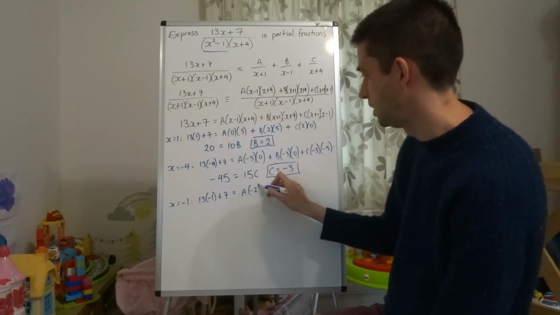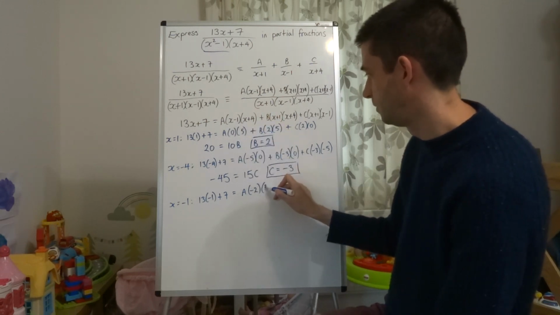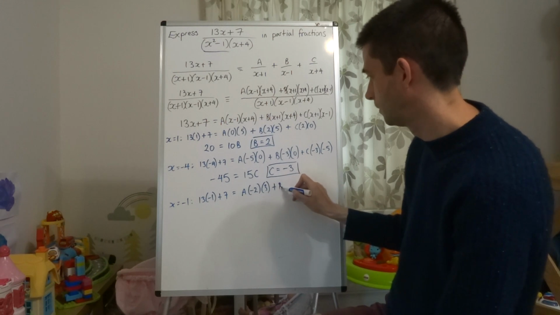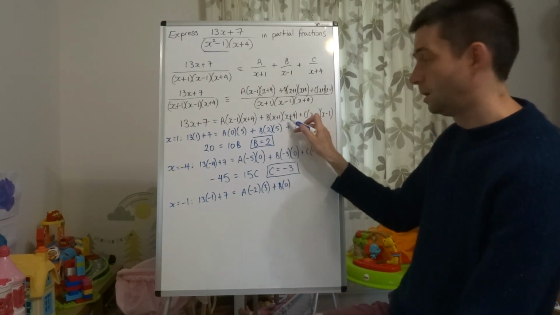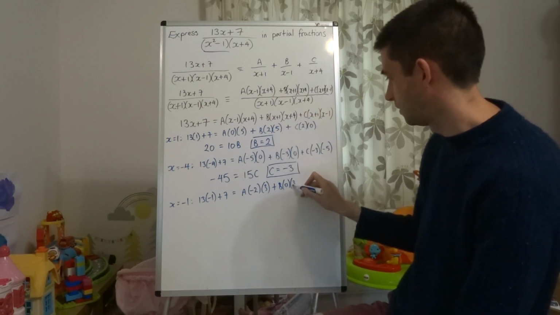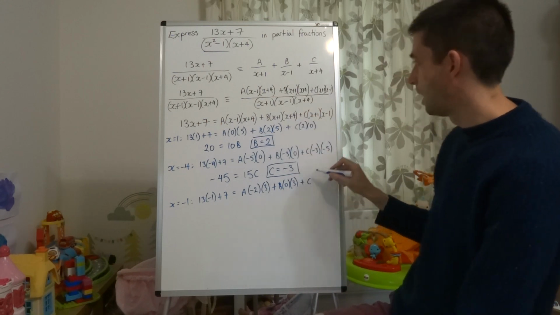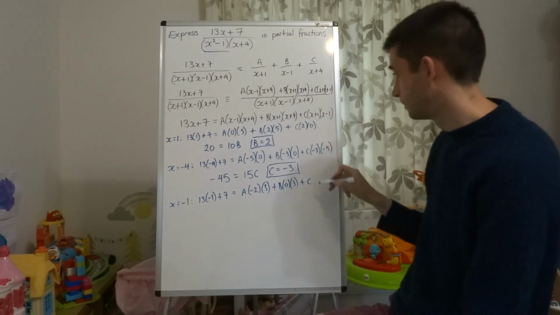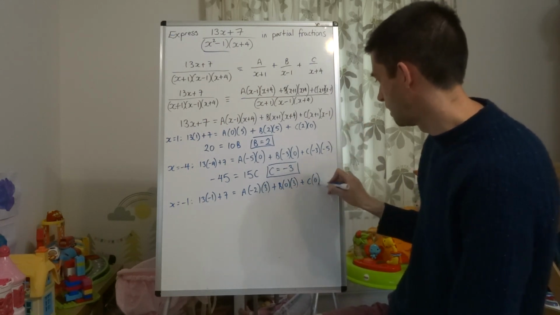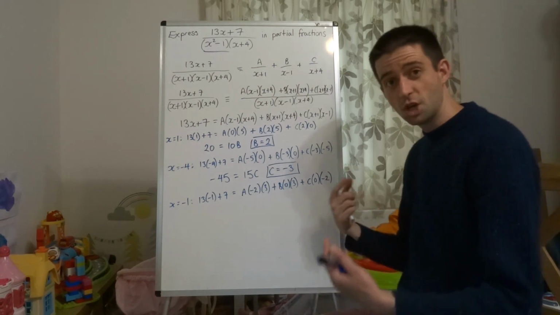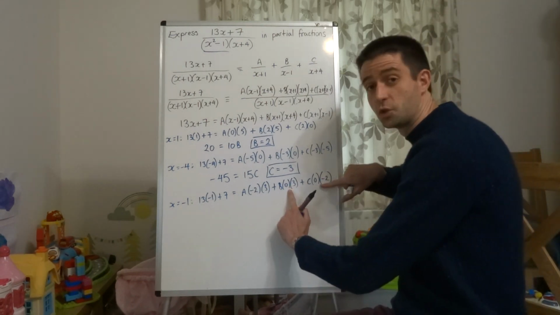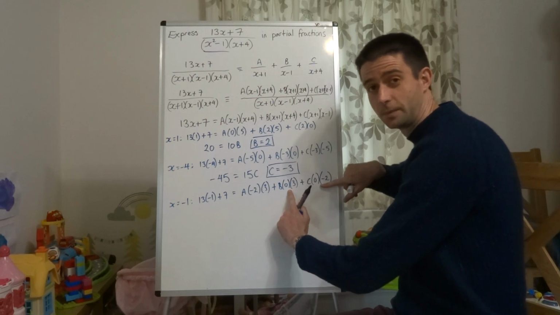So we'd have negative 2, and we'd have positive 3, plus b, negative 1 goes in here, we'd have 0, negative 1 goes in here, we'd have 3, plus c. Negative 1 goes in here, we'd have 0, negative 1 goes in here, we'd have negative 2. So just as with the previous two, we've got two of these terms going to 0, and I'm going to find the other one.